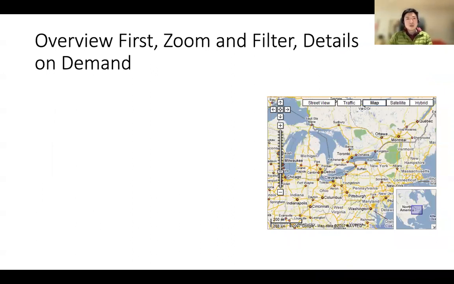Okay, and this is another guideline, but this time it's not a negative, like something you want to avoid, but something you probably want to follow, and it is the general rule for visualizing a large amount of data. It's called overview first, zoom and filter, and finally details on demand.